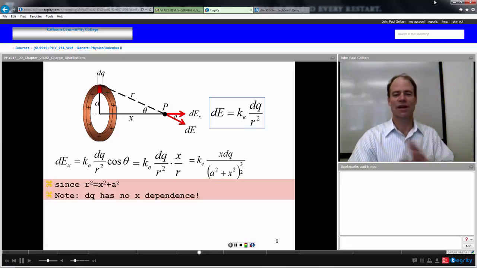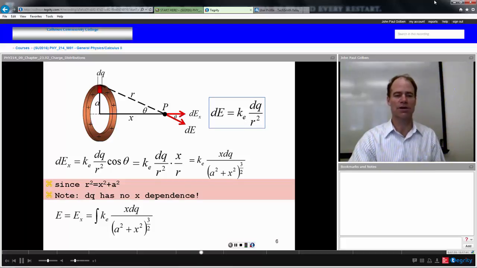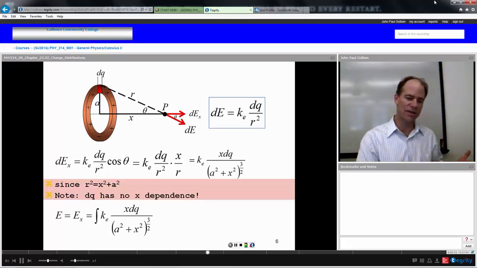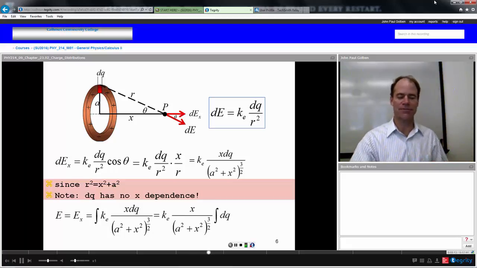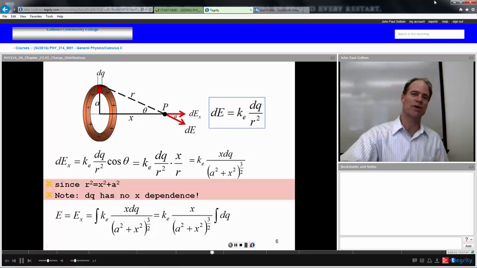We're going to integrate this all the way around this ring, so we're going to integrate it over all the dq's around this ring. We'll note, though, at our particular point P, that a is not going to change, and x is not going to change if we've selected a point P a distance x away from the ring. So those are constants, actually. I'm going to take those out of the integral, x and a, and I end up with k x over (a squared plus x squared) to the 3/2 power, and we're just going to integrate dq all the way around the ring.